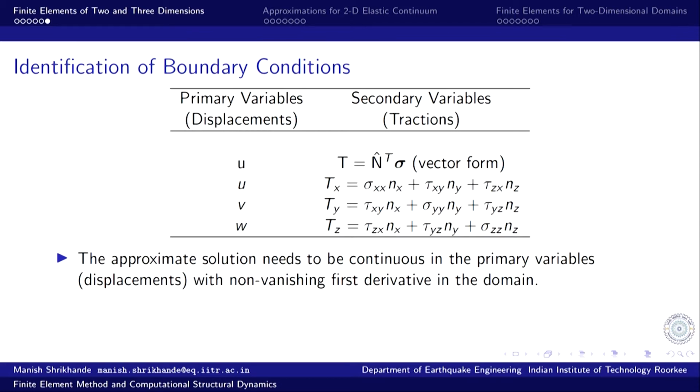So, u, v, w are the primary variables for 3 dimensional elasticity, and these are the corresponding tractions in x direction, y direction and z direction, and the boundary term is a product of these two, which is actually the work quantity.